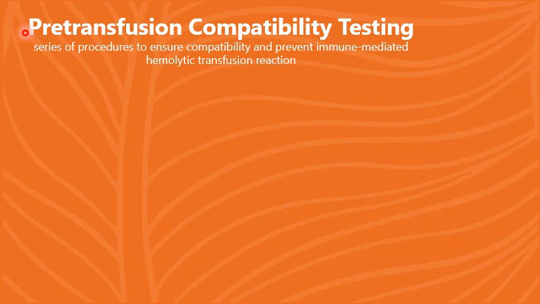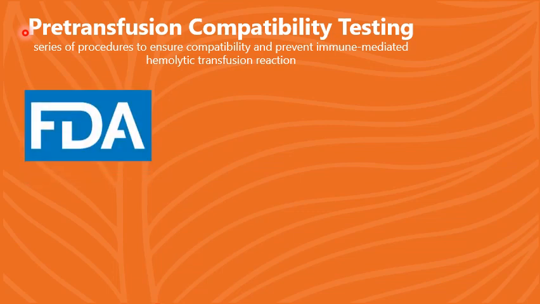Because transfusion is a critical procedure, there are regulatory and accreditation requirements that should be followed by the blood bank facilities. And there are organizations that do these regulatories and accreditations. So we have the FDA, Food and Drug Administration.